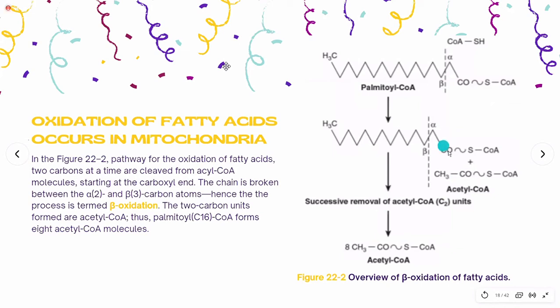That's carbon 1, carbon 2, that is released. So this one becomes carbon 1, that's carbon 2, and this becomes carbon 3, the beta carbon. Then that is cut off and becomes acetyl-CoA. Okay? Until you will have 8 acetyl-CoAs from the 16 carbon atom palmitic acid.